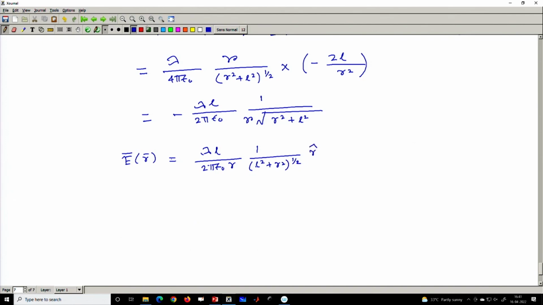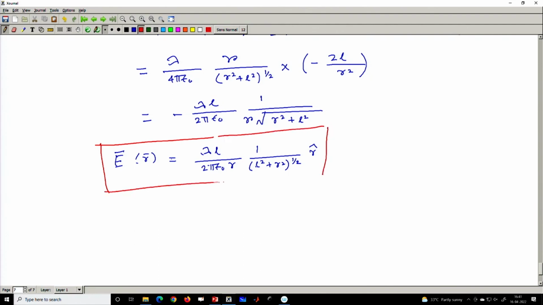So, that is the value of the electric field for a finite length 2L of a charged wire.